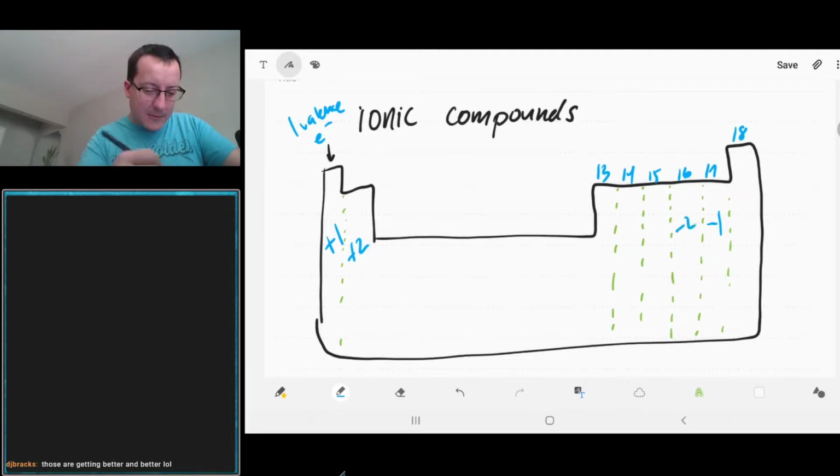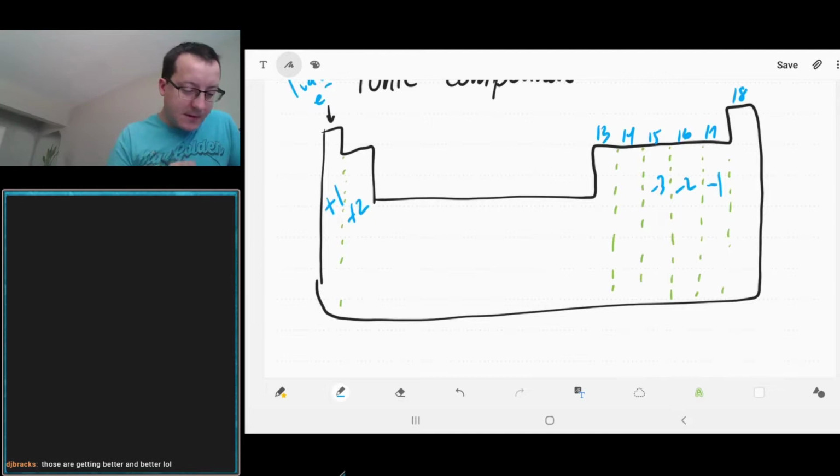And similarly, groups 15 and 16 will also form predictable ions. These ones are always going to be kind of exact. So everything within these columns is going to form ions of fixed charges.